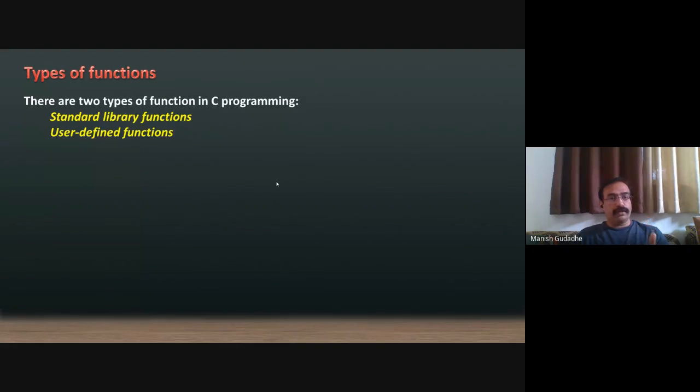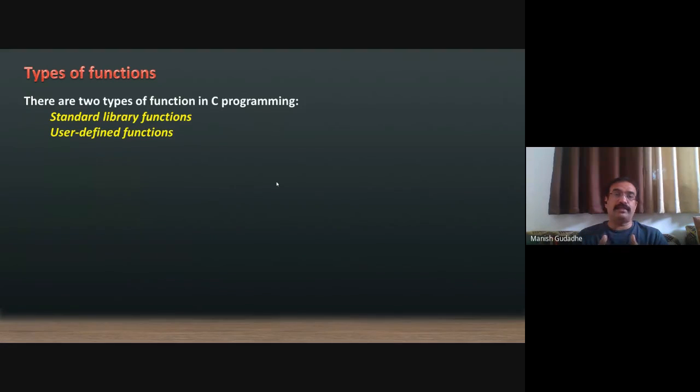Remember, a standard library function can call a user-defined function, and a user-defined function can also call a standard library function. So they are helping each other to get executed. The only thing is, standard library functions cannot be defined by us. The user-defined functions can be totally designed and defined by us, but they cannot be standardized.